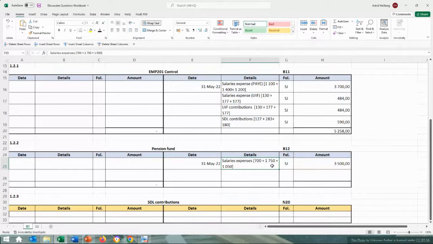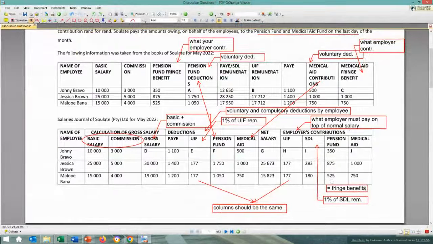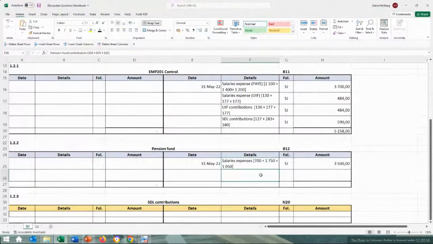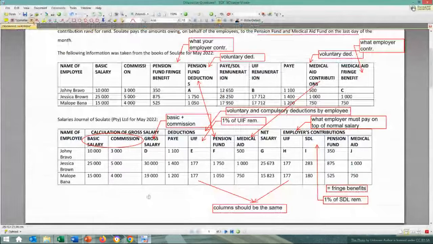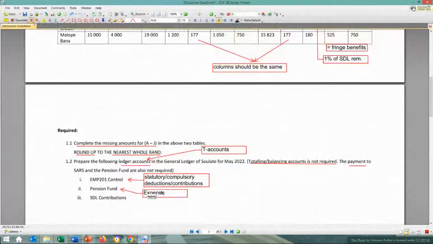It's a 700 plus the 1,750 plus the 1,050. And then your employer's contribution. So we are going to debit pension fund contribution account. We are going to credit the pension fund liabilities or creditors account, which is what we're busy with. So this would be the pension fund contribution, and it would be half of the value of what the employee contributed.